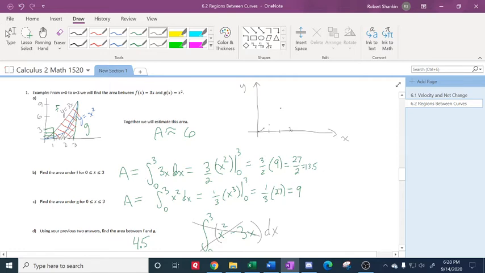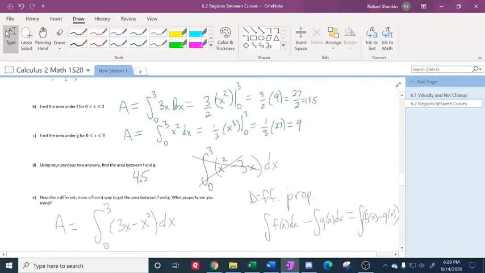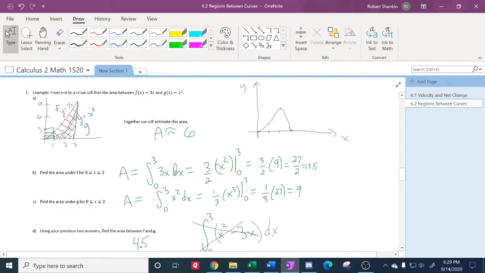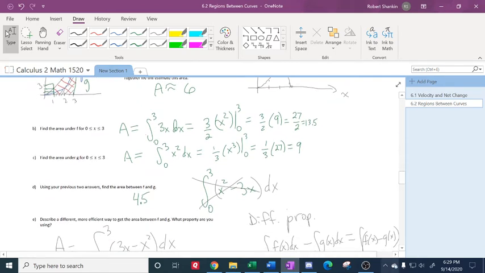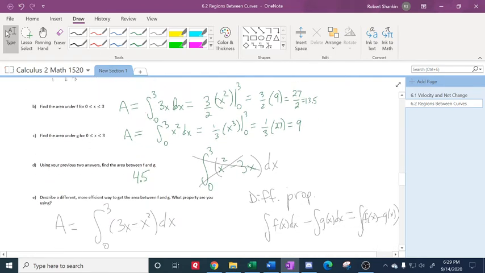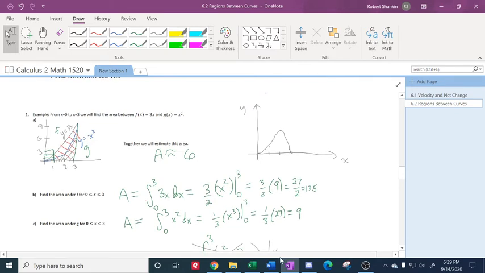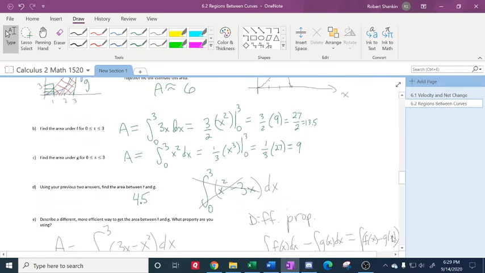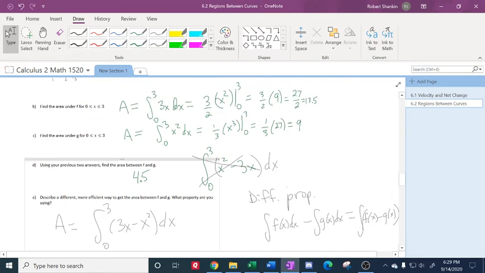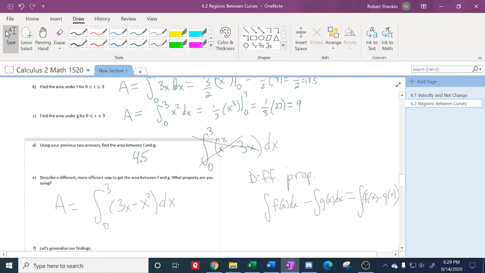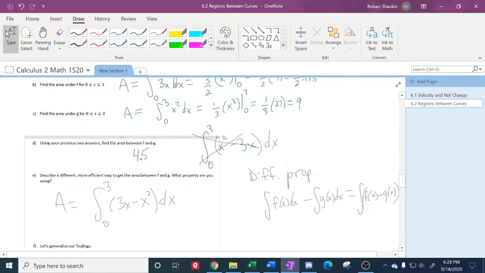Here, the f minus g graph might be something like this. And then you're finding the area of the f minus g, but you don't need to visualize this. That's the visualization of this, but we just visualize it this way. We use the abstract property, though, to write it this way so that the calculation goes really, really fast.